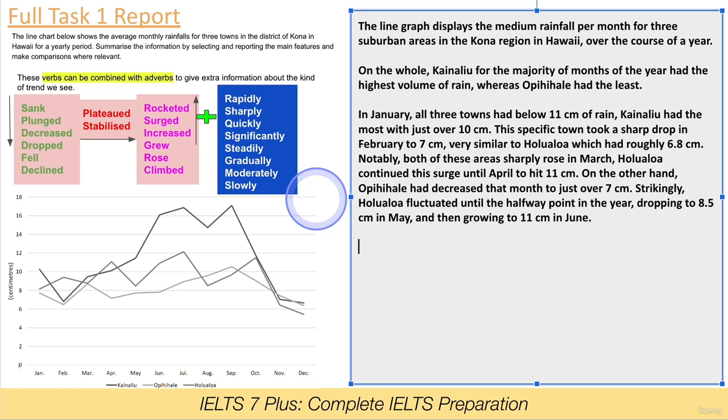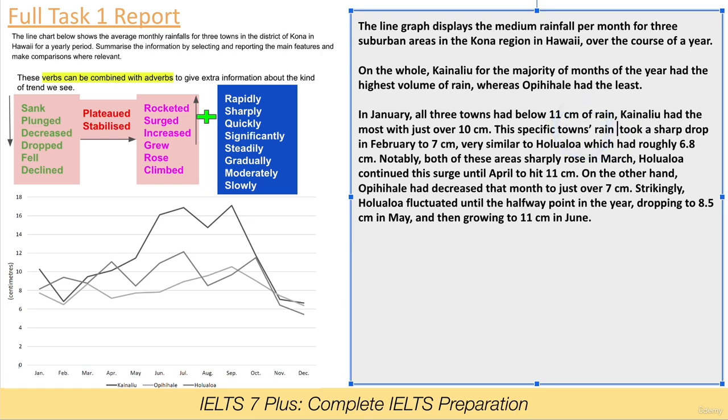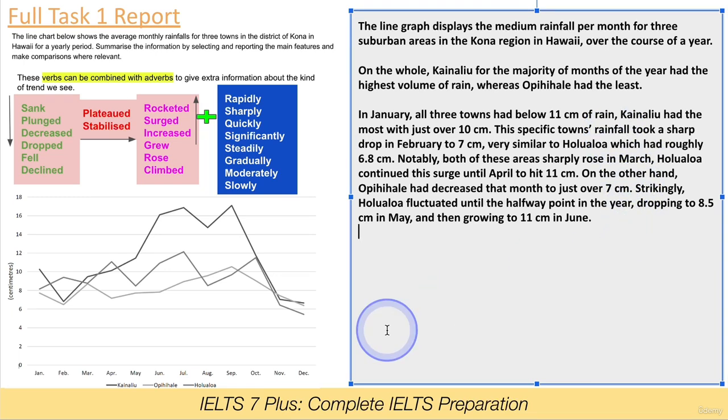Okay, let's read this back and see how this is sounding. In January, all 3 towns had below 11 centimeters of rain. Kainaliu had the most with just over 10 centimeters. This town's rainfall took a sharp drop in February to 7 centimeters.